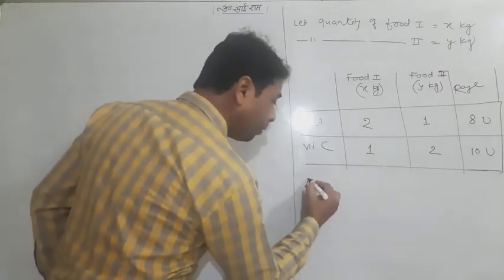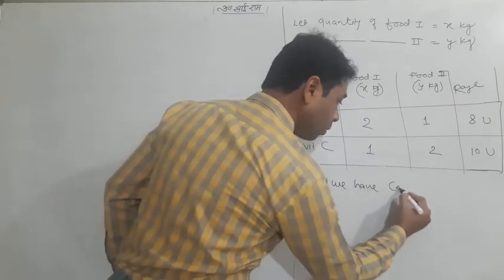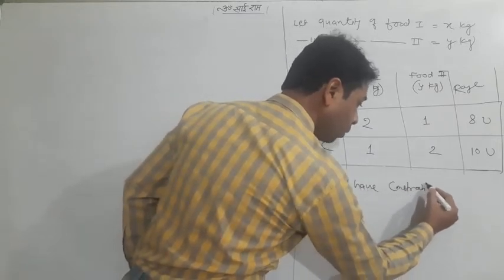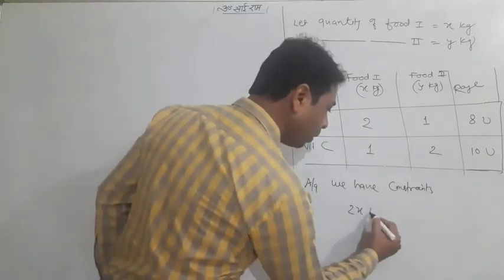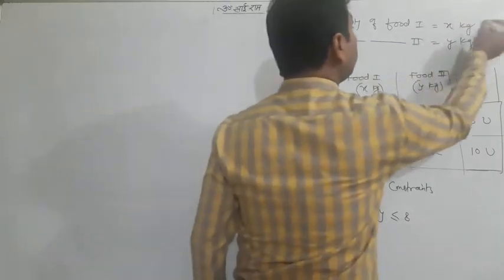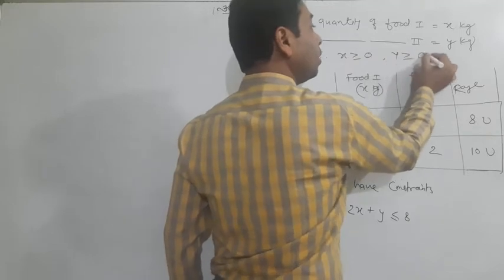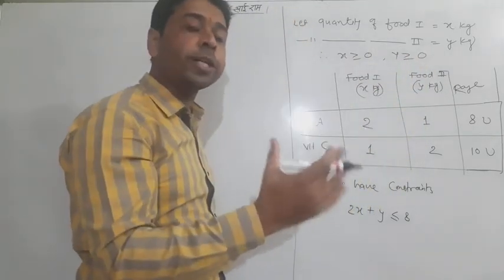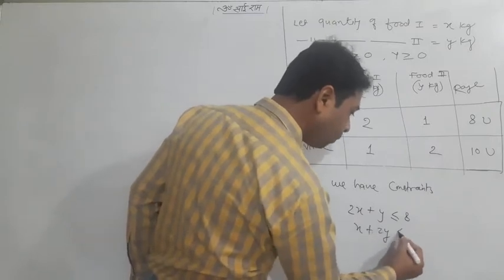Then according to the question, we have constraints or inequalities. 2x plus 1y less than or equal to 8. One thing I would say here, students, always make a habit of this. This is certain, it is the certainty of the question. And now x plus 2y less than or equal to 10.